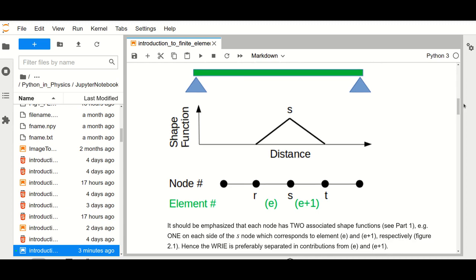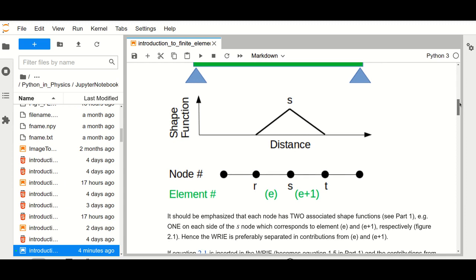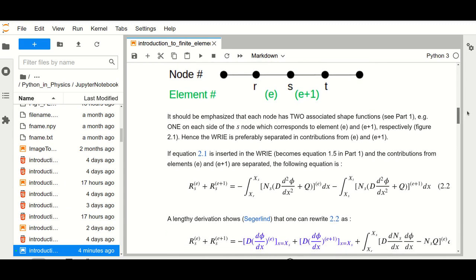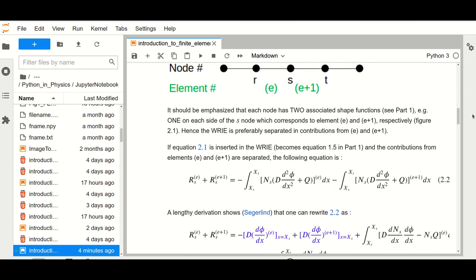Now we're going to evaluate the weighted residual integral equation, and that we do by inserting equation 2.1 in the weighted residual integral equation, and we obtain equation 1.5, which was derived in part 1 of this tutorial series.